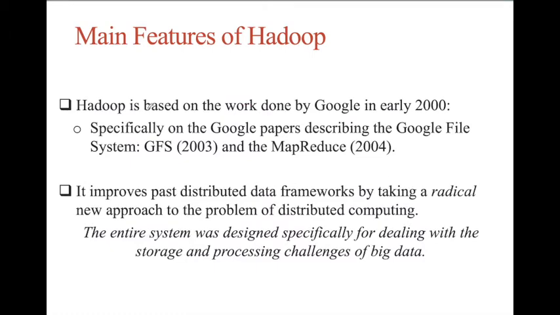Okay, so basically the idea of Hadoop started quite a long time ago. It started early in the 2000s. Basically, there is one very popular paper, which is called the Google File System, and then they started talking about the MapReduce system.